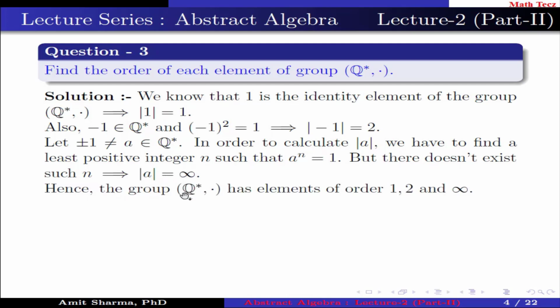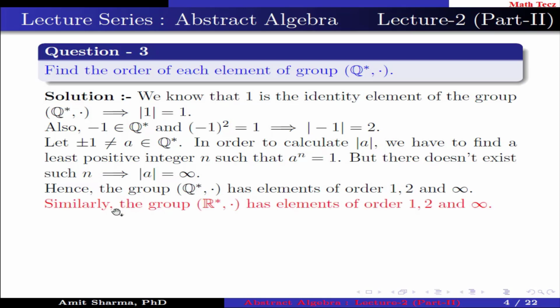Hence, the group Q star under multiplication has elements of order 1, 2 and infinity. Similarly, the group R star under multiplication has elements of order 1, 2 and infinity.